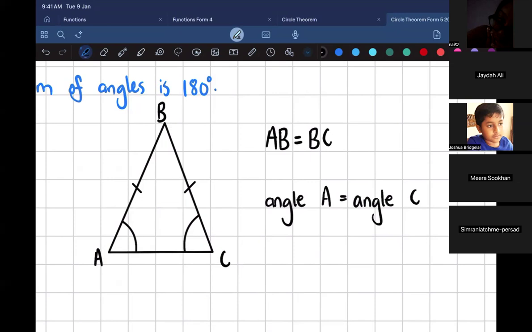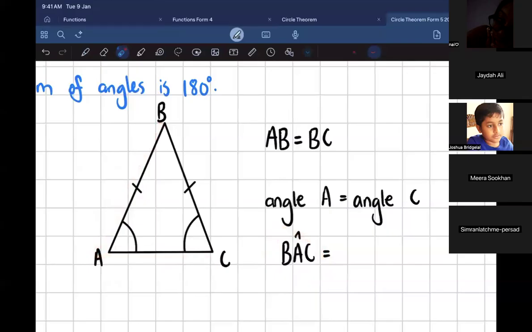They might say BAC is equal to what? Simran, if I want to write this angle in this notation, how would I write that? Let me see if you can figure that out. So angle A, I would write that as BAC.